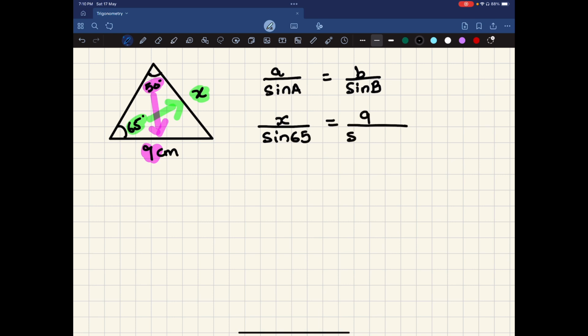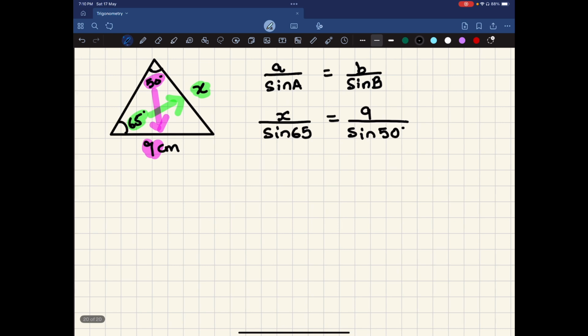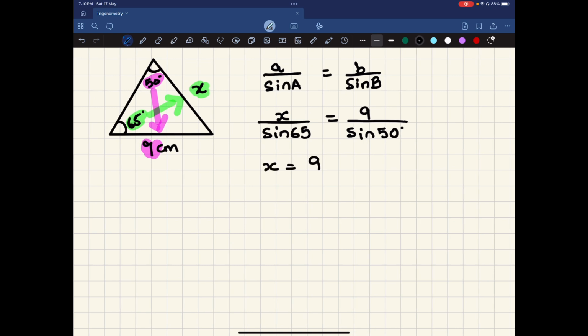And what is the partner angle? 50 degrees. Okay, so X is going to be 9 into sine of 65 divided by sine of 50. We've taken this expression to the other side. So the value of X that you should get is 10.6 centimeters.